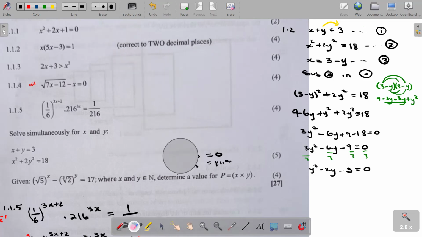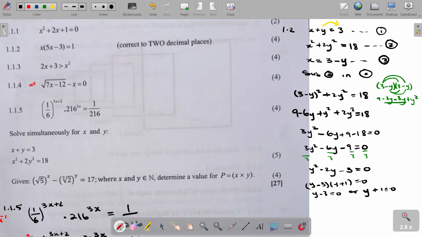To solve that for y means we are going to factorize. We'll end up having y minus 3, y plus 1 equal to 0. So y minus 3 equal to 0, or y plus 1 equal to 0. Therefore, our y is equal to 3, or our y is equal to negative 1.